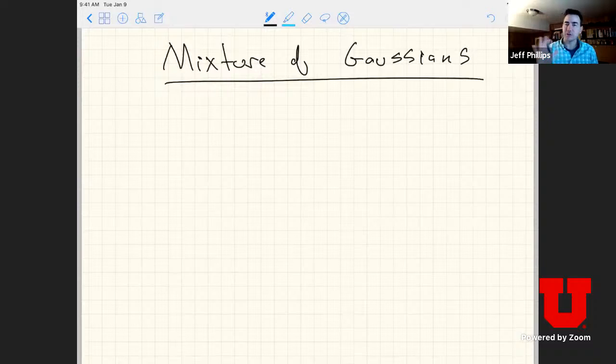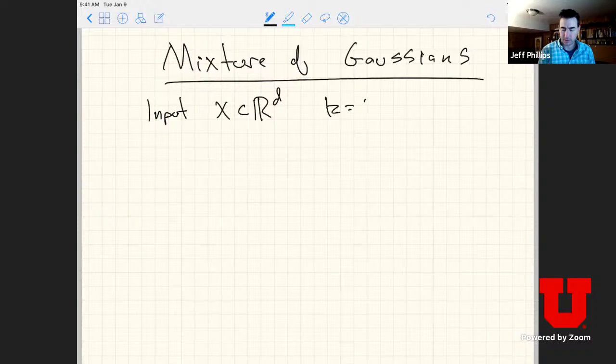You can interpret this formulation as something slightly different from clustering. So think of the input as the data, a subset of R^d, and I'm going to have K, which is going to be the number of Gaussians.